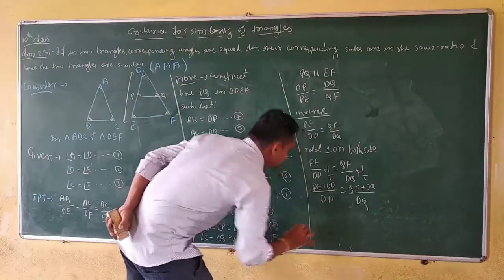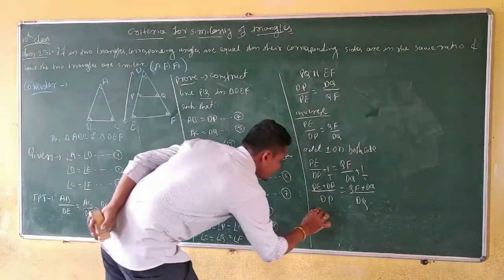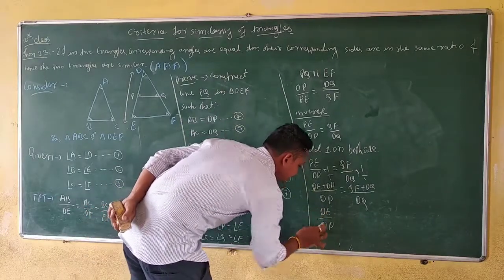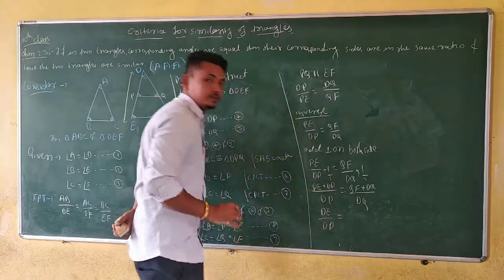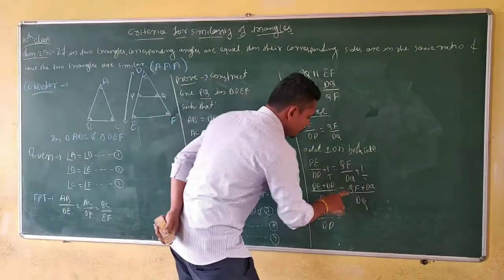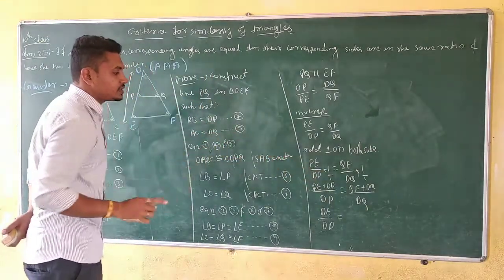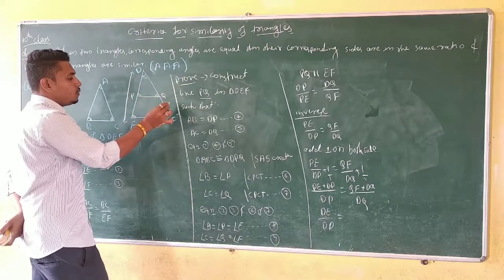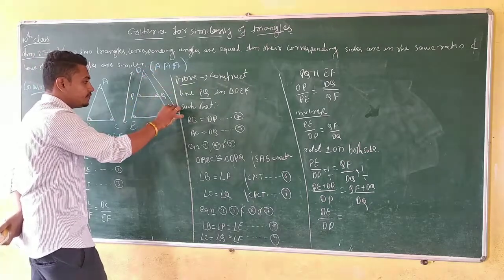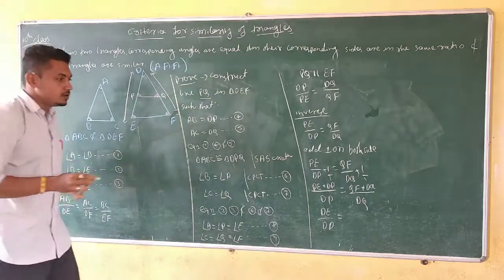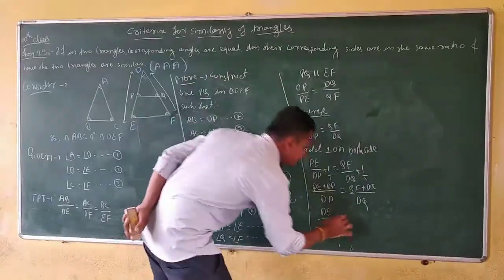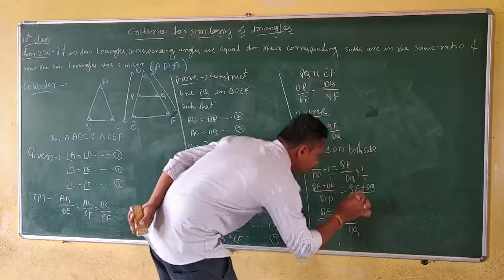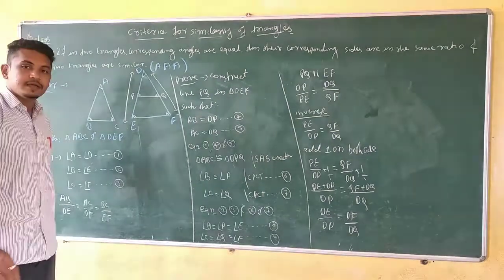So you can write here DE divided by DP is equal to QF plus DQ, or DQ plus QF, which is equal to DF. So now we can write here DF divided by DQ.